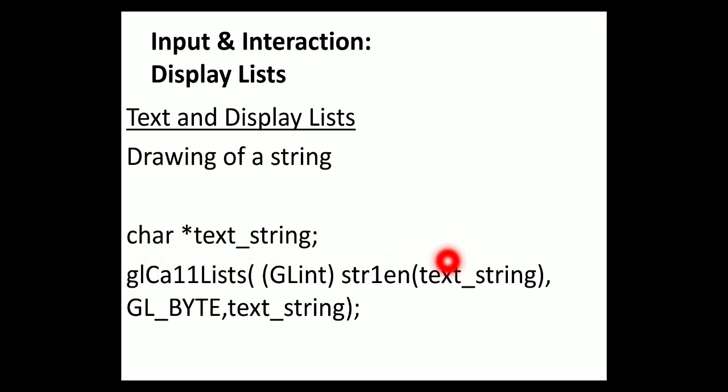The same thing will be assigned here as the length of the string. Then GL_BYTE, to represent the format in which it is to be extracted. Then again the actual string. So in this case we will make use of the for loop, and at a particular iteration, like the kth iteration, the kth character will be extracted from this particular function.